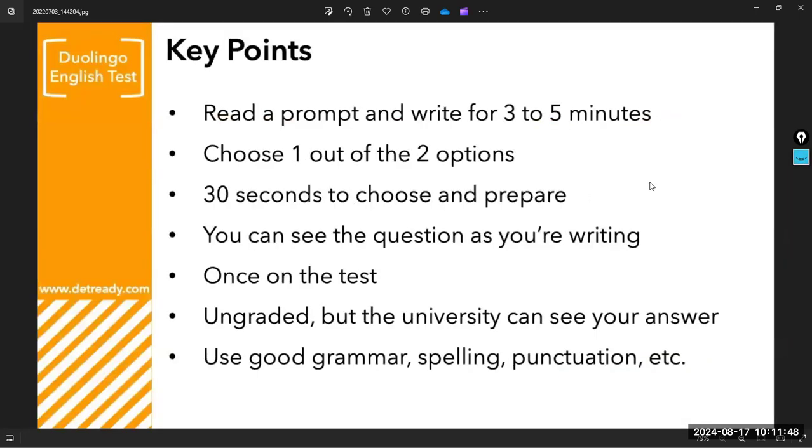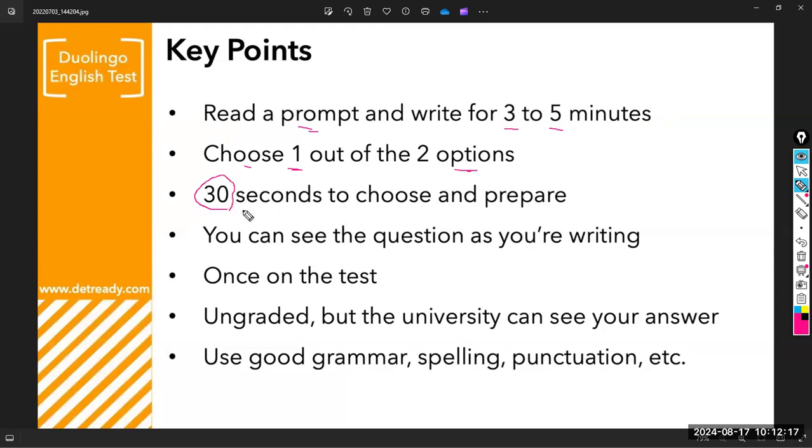Okay, so again, as I told you, we have to read carefully. We have to read the prompt, and we have to write for at least 3 minutes and a maximum of 5 minutes. I have to choose only one topic to write about. In the speaking sample, as I told you, I have to choose one topic out of two to speak about. Keep in mind that in the writing sample, you have 30 seconds to prepare yourself.